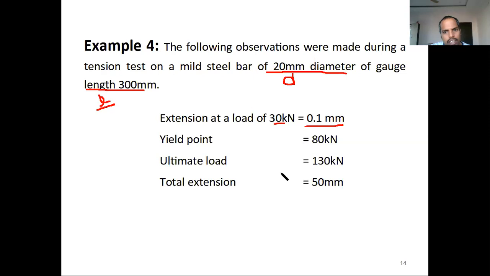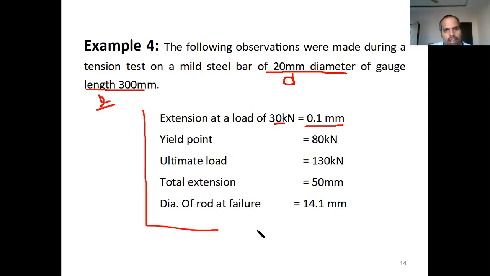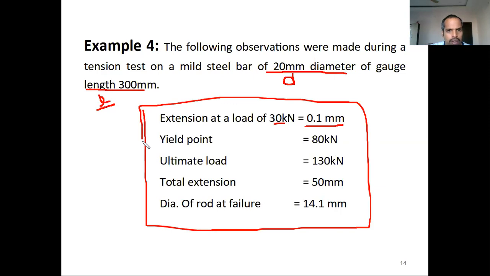This problem has different parameters; many parameters are given, and the question is framed accordingly. In this one, only the required parameters are given. Sometimes there may be problems where unnecessary values are also given.